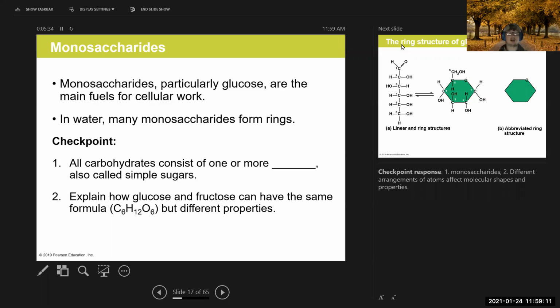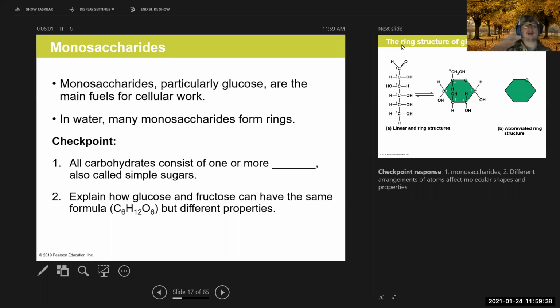Okay, and here on this slide we have a couple of review questions. Just take a minute, pause the video, and see if you can answer these questions. Okay, now that you've had a minute to think about these questions, the first one is: all carbohydrates consist of one or more blank, also called simple sugars. This would be monosaccharides.